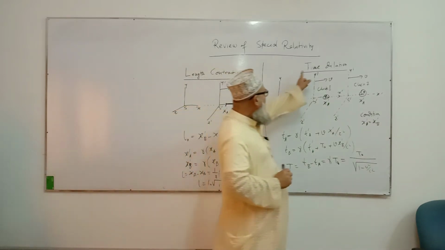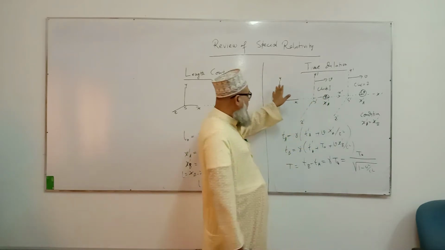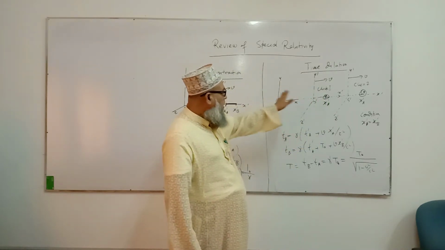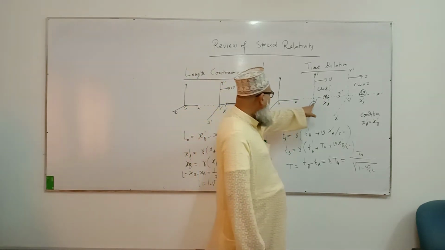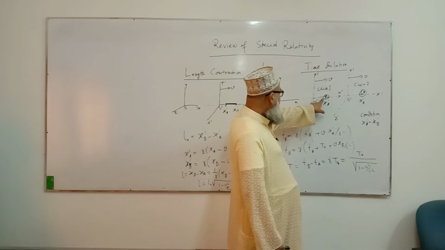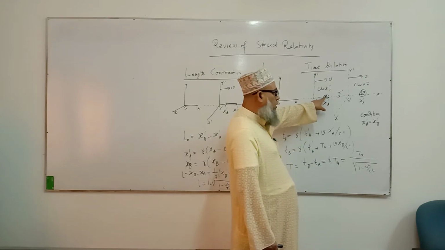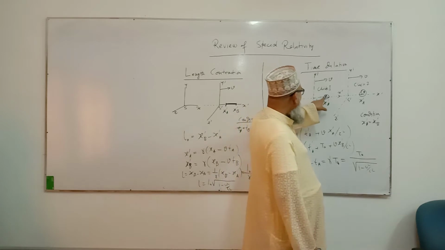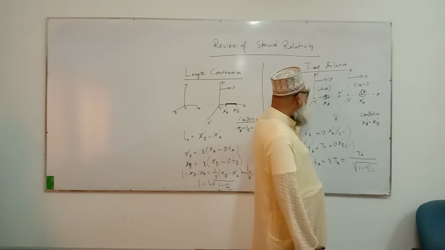Now come to time dilation. I have two frames. Actually here you see three figures, but we have only two frames. This is the S frame, this is the S prime frame. In the S prime frame, at location x prime A, there is a clock. The clock clicks first in this configuration, click 1.